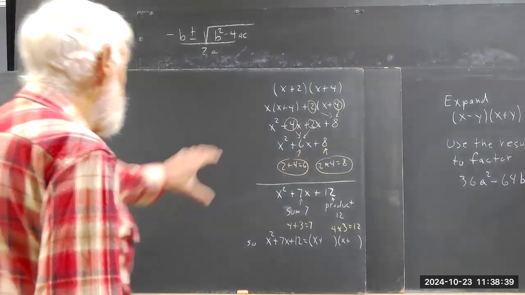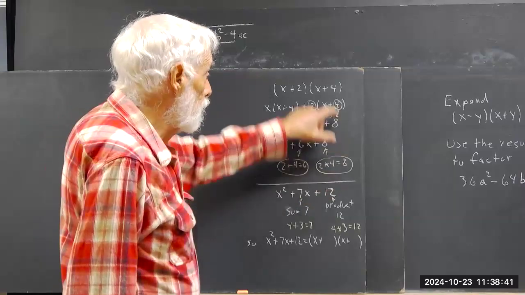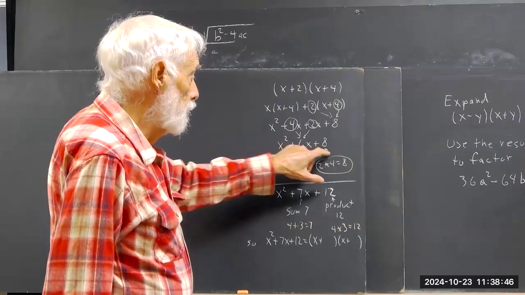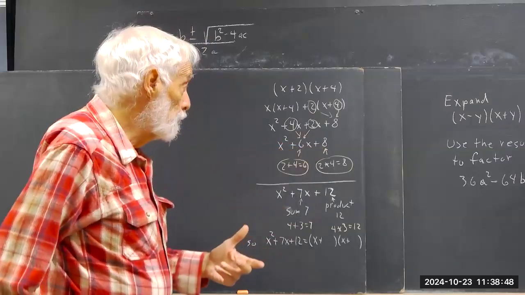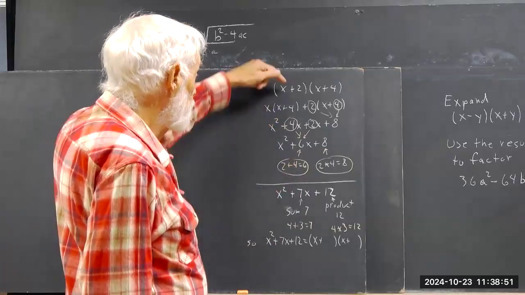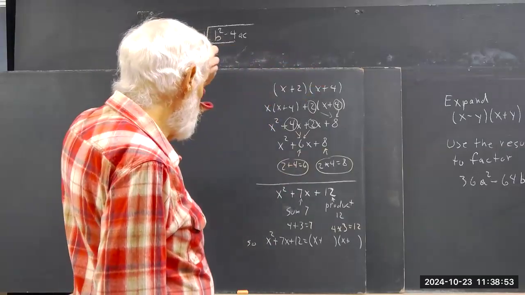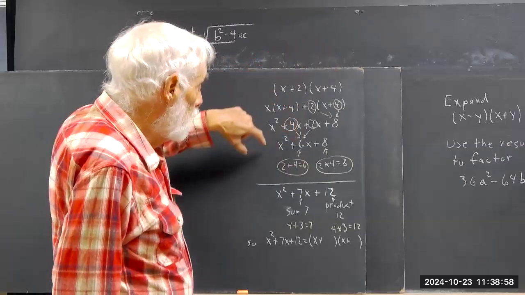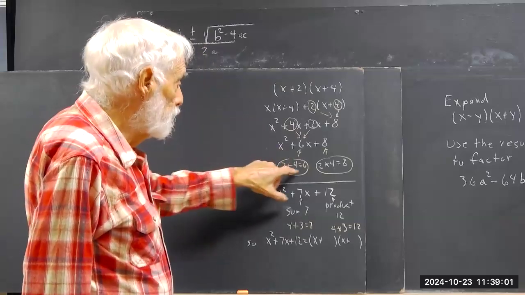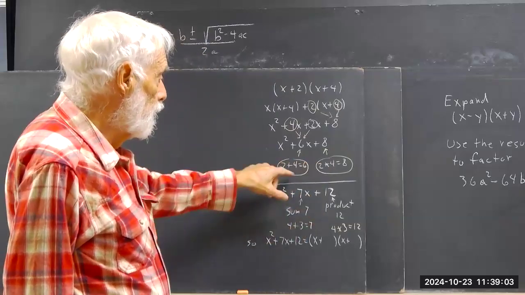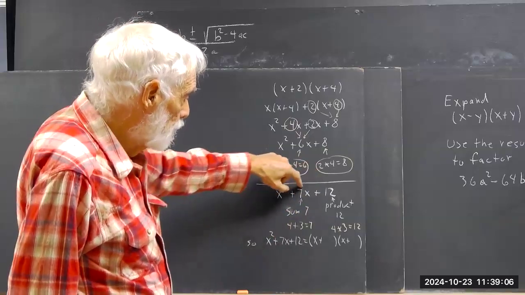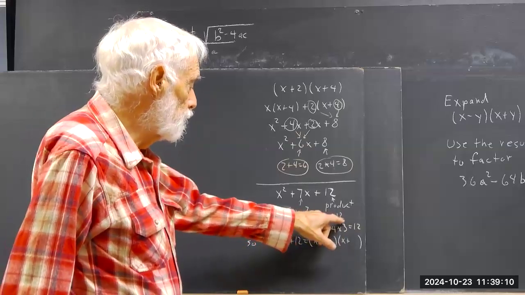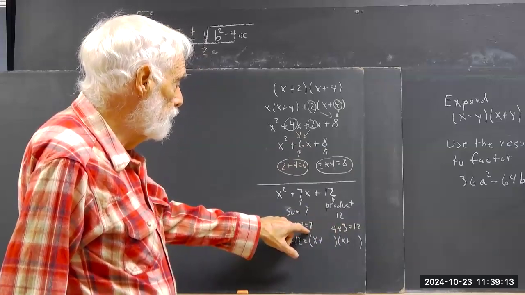Okay, just as we saw up here, when 2 times 4 was equal to 8 and 2 plus 4 was equal to 6, this trinomial, this expression with 3 terms, was equal to x plus 2 times x plus 4. Of course, we started with the x plus 2 times x plus 4 and used the distributive law to get this. We saw this pattern, and then we used the same pattern with different numbers to see what would work here. And we got 4 times 3 is 12, 4 plus 3 is 7.